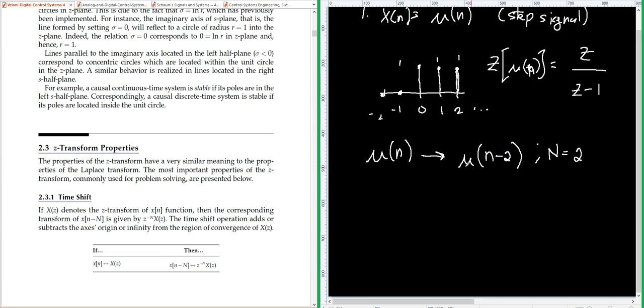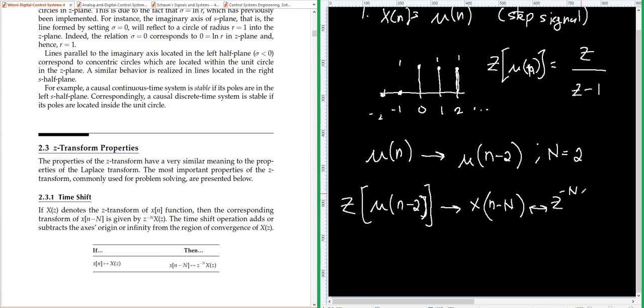If you have n shifted with 2, then the Z transform of your mu(n minus 2) is just equal to Z to the negative N times the Z transform of your original equation.